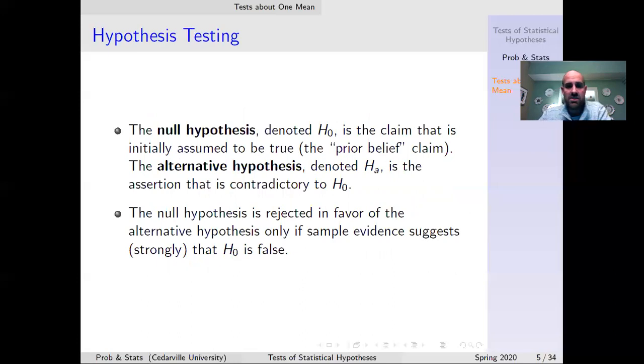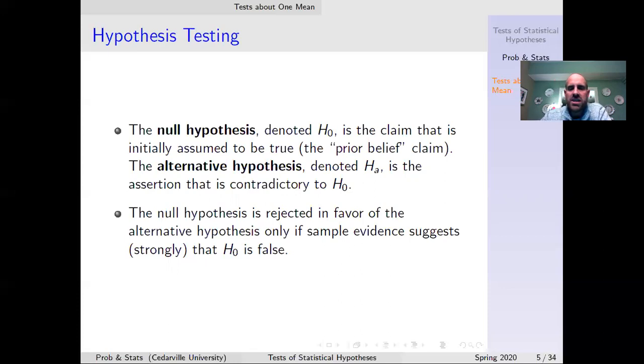And then you have the opposite of that, which is the Alternative Hypothesis. You denote that by H sub A, okay? And sometimes you call these the ho and the ha, okay? And the Alternative Hypothesis is contradictory to the null, okay? So it's either this or it's the other.